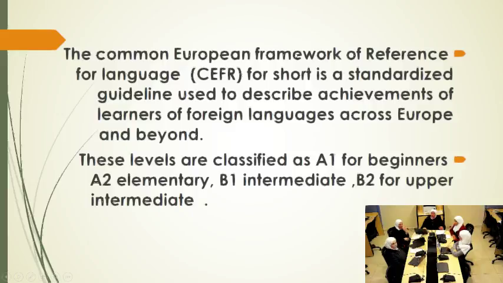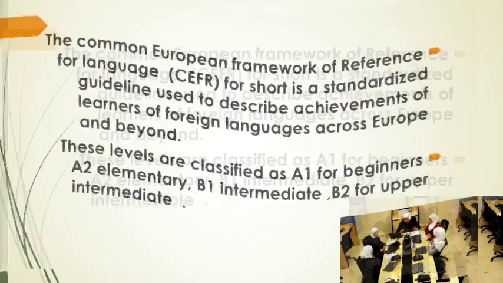Okay. Now, according to the CEFR, which is short for the Common European Framework of Reference for Language, the levels of the students are classified as A1, A2, B1, B2, C1, and C2.